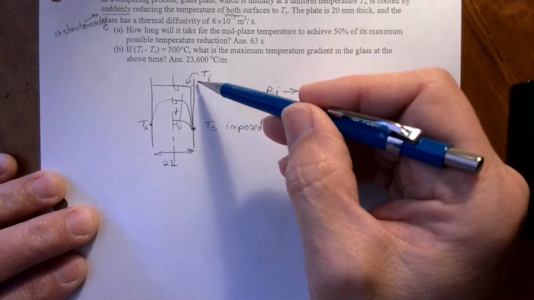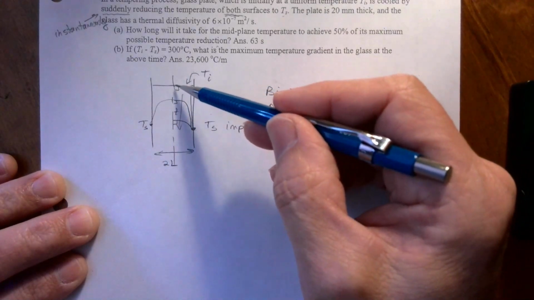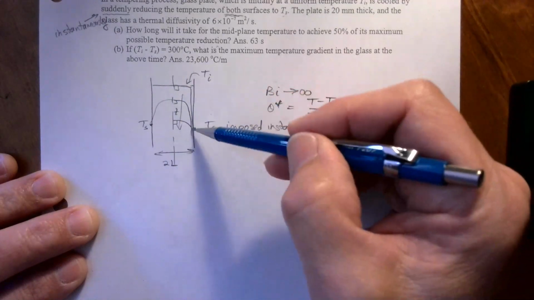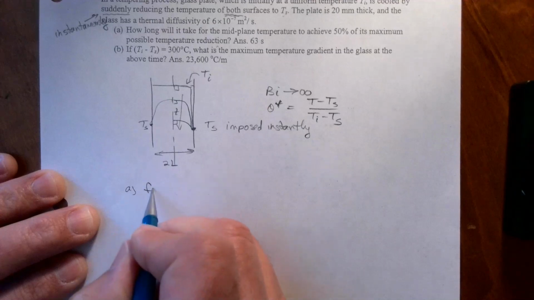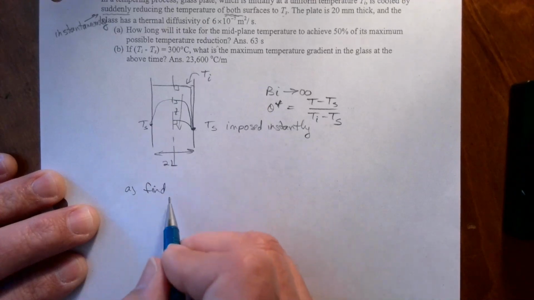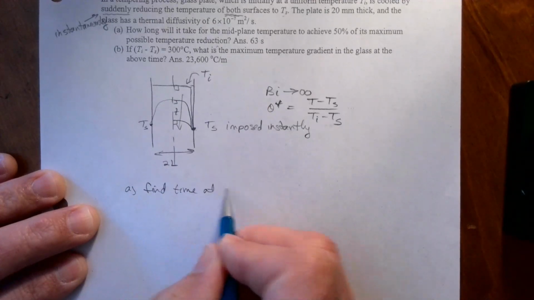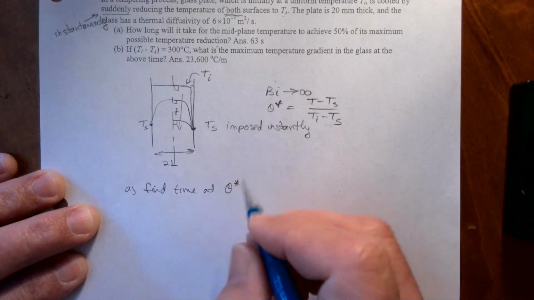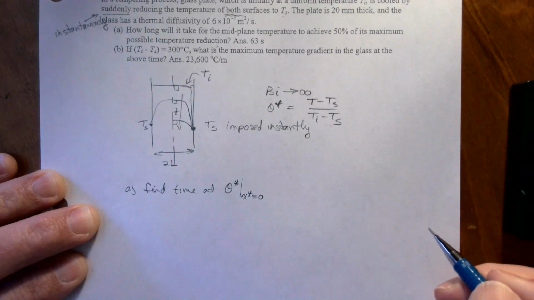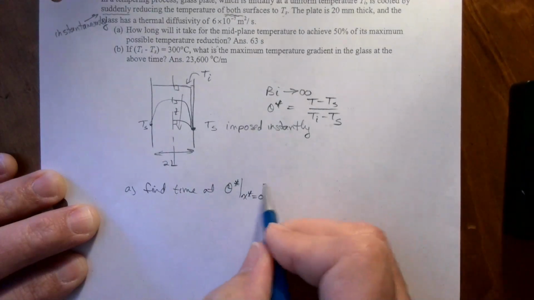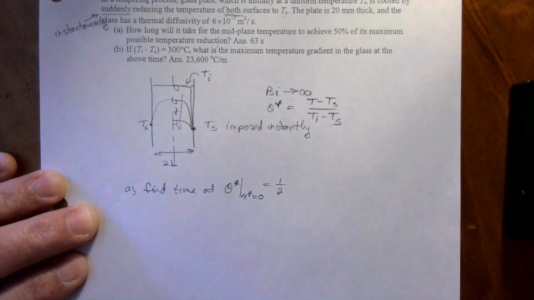We want to know how long it takes for this center line temperature to make it halfway between these two. So part A is asking to find the time at which theta star at x equal to 0, the midplane, is equal to 1/2.